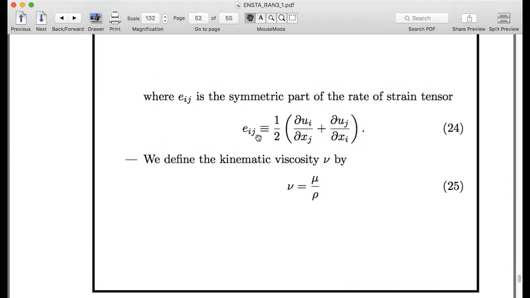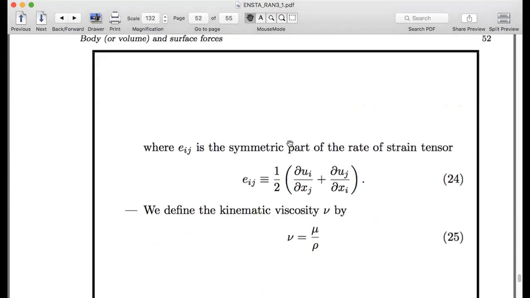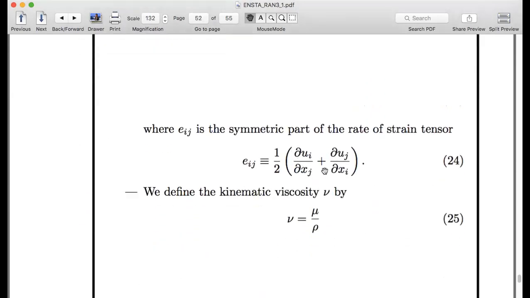All you need to know is that this EIJ that appears in this formula is defined this way. It's the derivative of the ui velocity with respect to the xj component plus uj derivative thereof with respect to xi. So notice we've just interchanged the i and the j here.